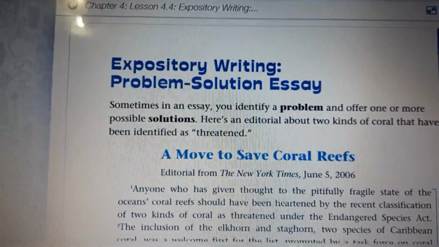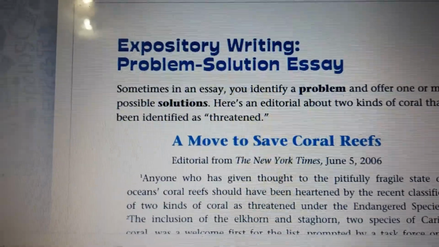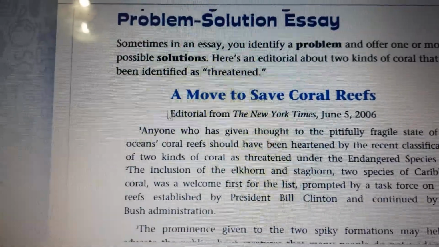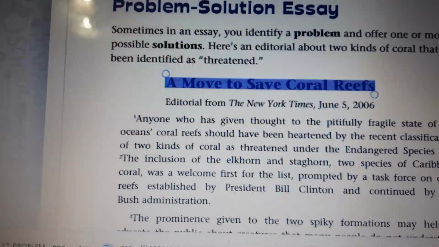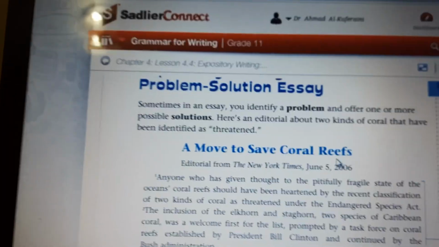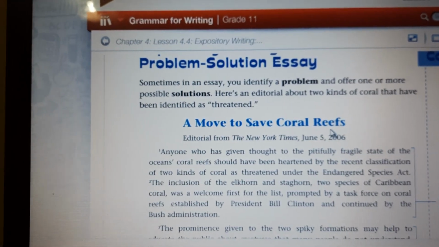Here is an editorial about two kinds of coral that have been identified as threatened. So here, "I Move to Save Coral Reefs." So this is the title. I have said that before, you should choose a good title, a very catchy and attractive title.